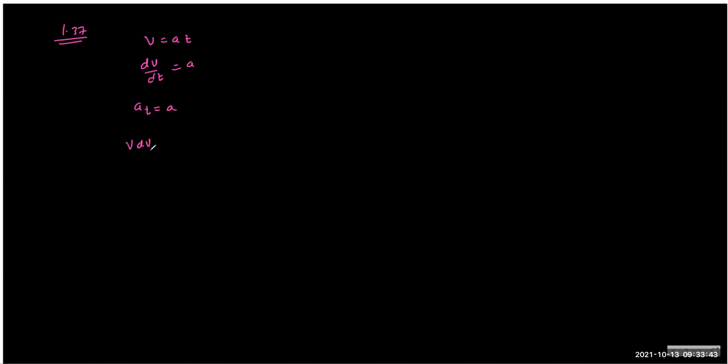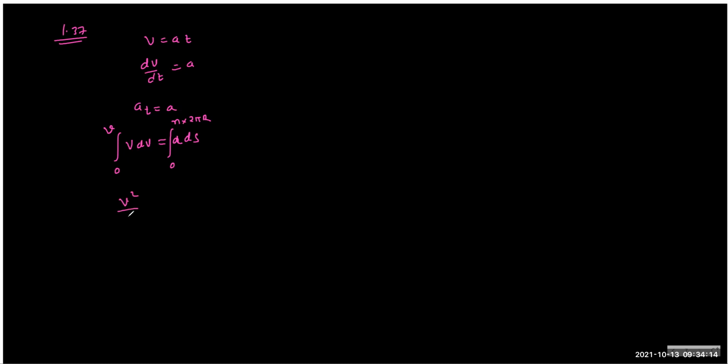So V dV by ds, and you just integrate. You can see that when time is zero, V is zero. So you start with zero, and you travel n fraction of 2 pi r, the nth fraction of the circle.